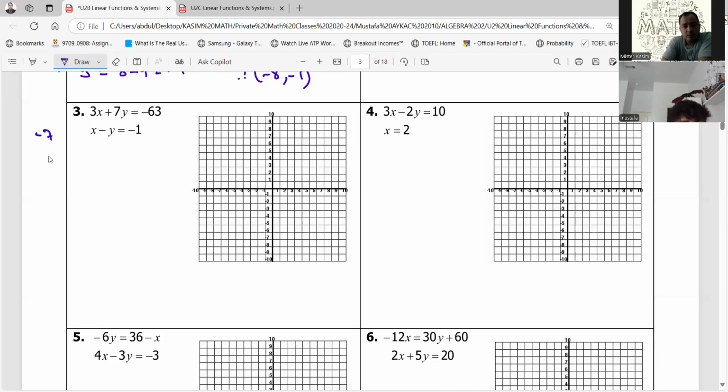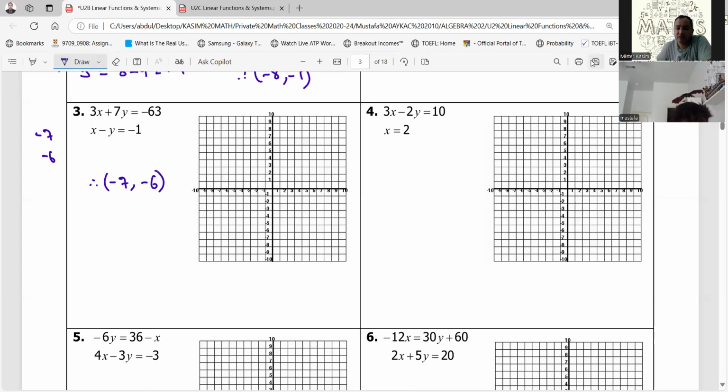Y equals negative 6. Let me check this. 3 times negative 7 is negative 21, negative 42. That's correct. So that is negative 7, negative 6.